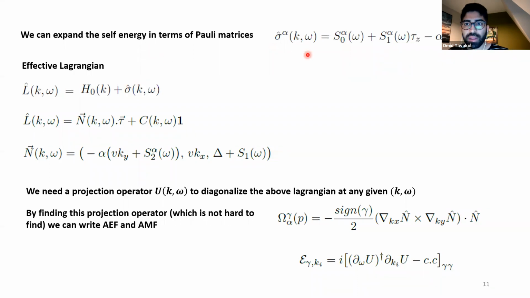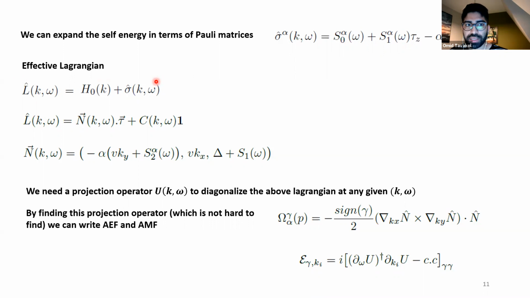Now you can expand the real part of your self energy in terms of Pauli matrices, and in this case you can see your effective Lagrangian is not diagonal anymore for any given k and omega point.